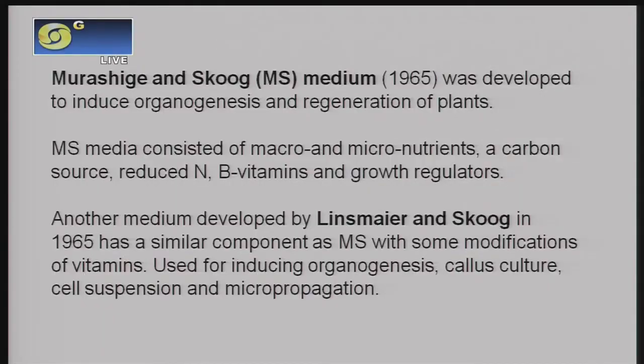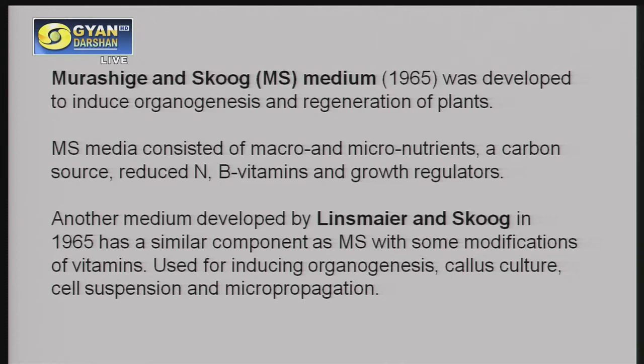That is this bipolarity, that is one pole towards the root and one pole towards the shoot. So that is called organogenesis, and it occurs in the medium. Now MS media consists of macro and micronutrients, a carbon source, reduced nitrogen, the B vitamins, and growth regulators.